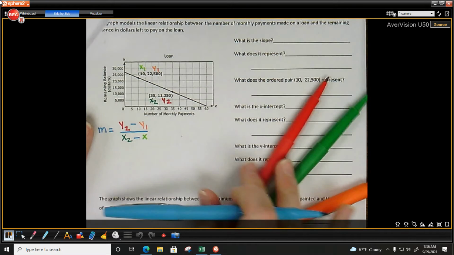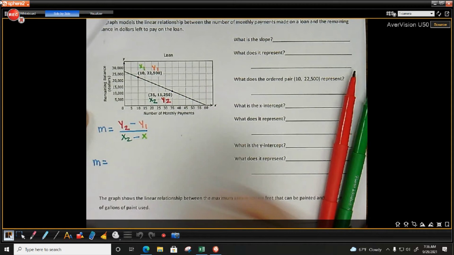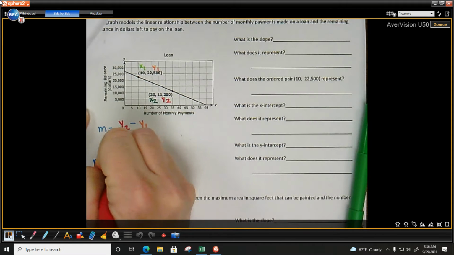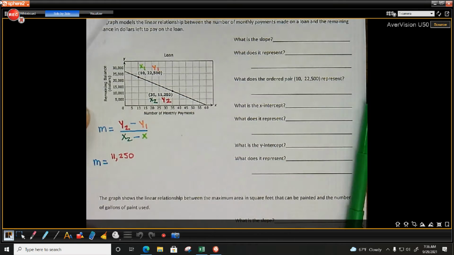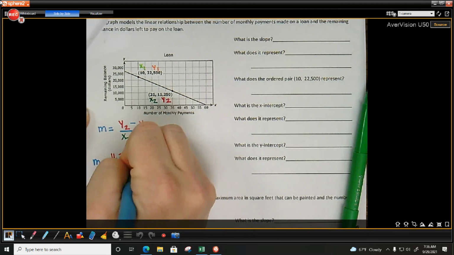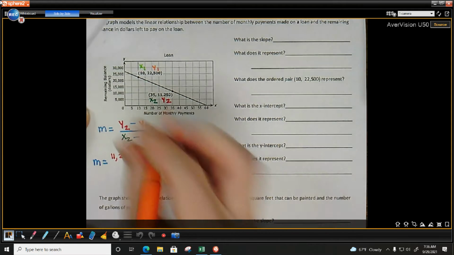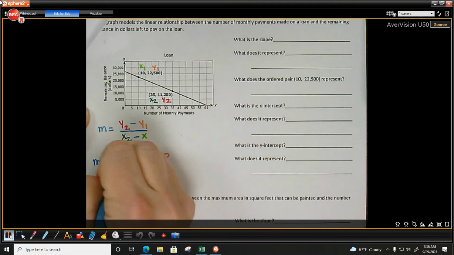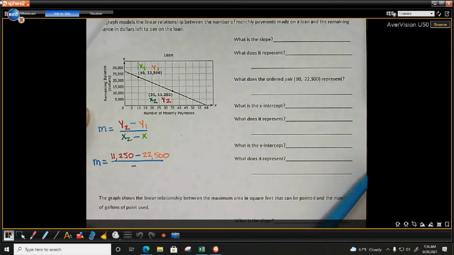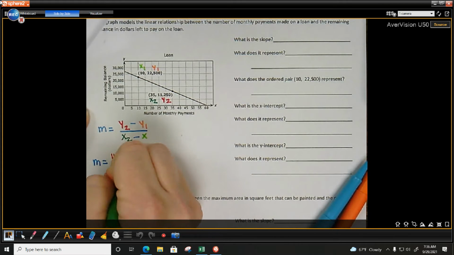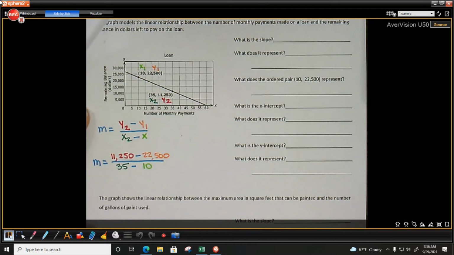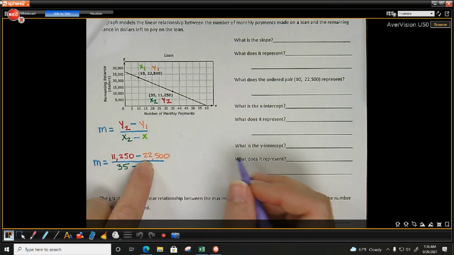Now let's substitute our values in. M equals, what do I have labeled y2? 11,250. Minus, what do I have labeled y1? 22,500. Very good. Over, what do I have labeled x2? 35. Minus, what do I have labeled x1? 10. Okay. So, what is 11,250 minus 22,500?